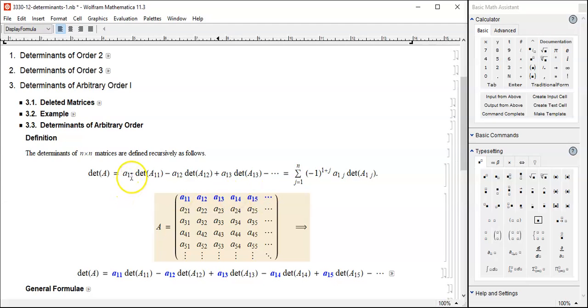Okay? And we have these a11, a12, a13, and so on, with alternating sign, plus, minus, plus, minus, plus, minus, and so on, times the determinant of the deleted matrix.